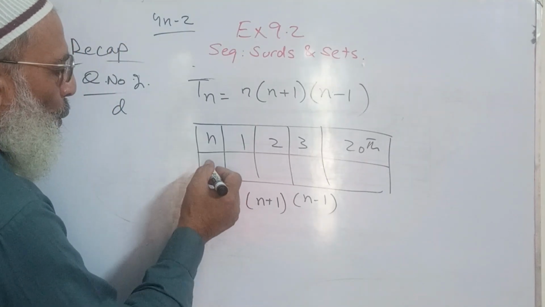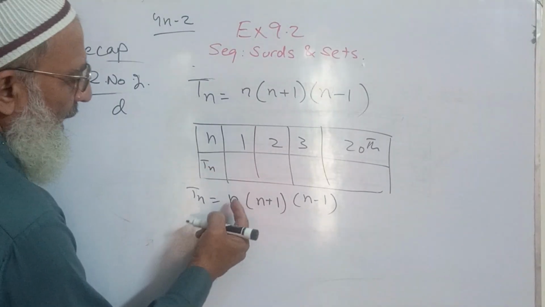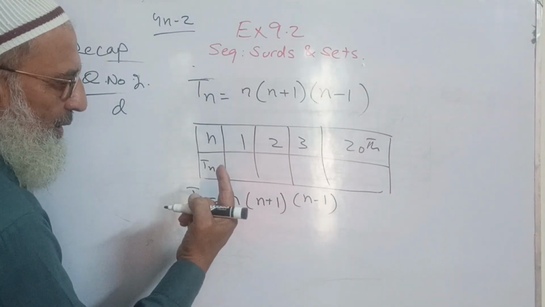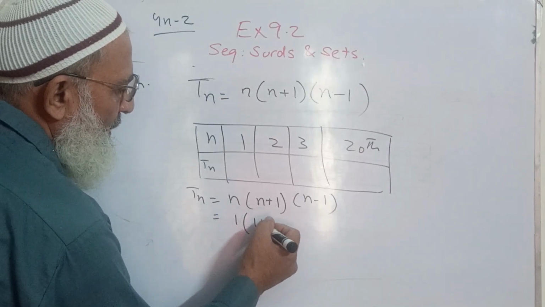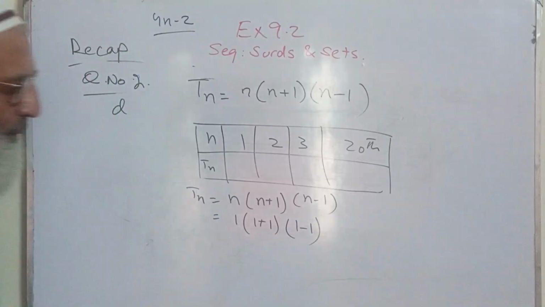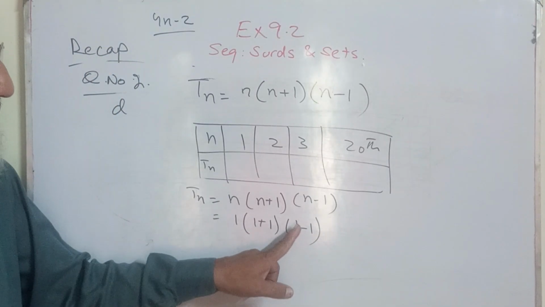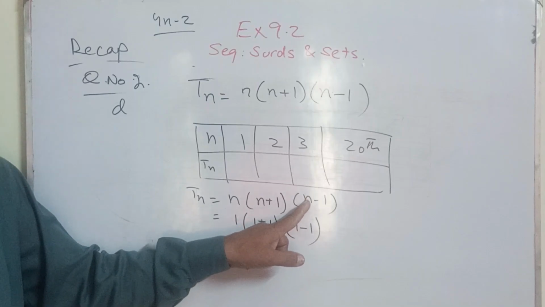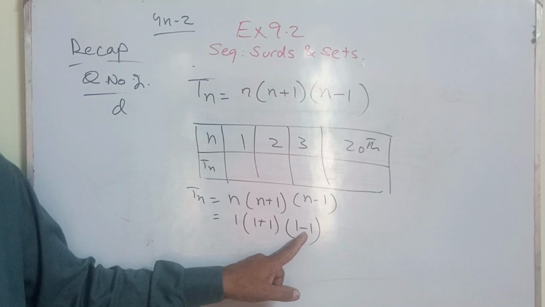So what we do, Tn is equal to, now just substitute 1 over here: 1, 1 plus 1 and 1 minus 1. You see that when you substitute 1 here, this becomes 0.